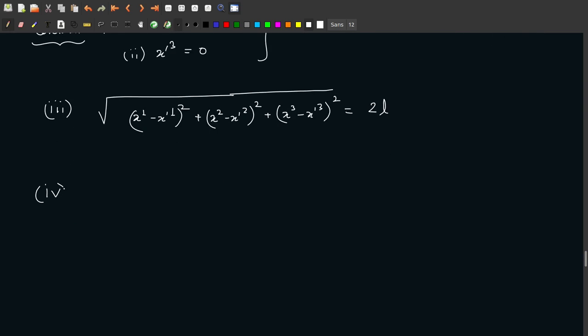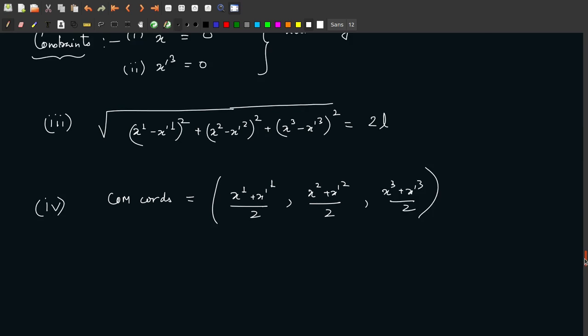And what is the fourth constraint? The fourth constraint says that the center of mass of this rod of length 2L is constrained to move on the x-axis only. So what are the center of mass coordinates? The center of mass coordinates are (x1 plus x prime 1) divided by 2, comma (x2 plus x prime 2) divided by 2, and (x3 plus x prime 3) divided by 2.